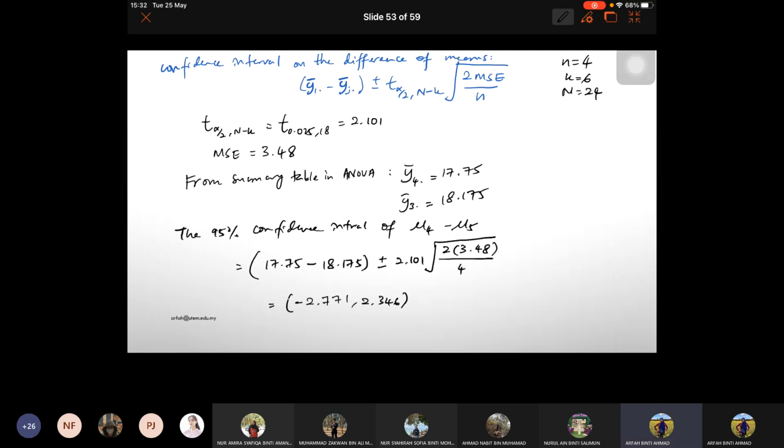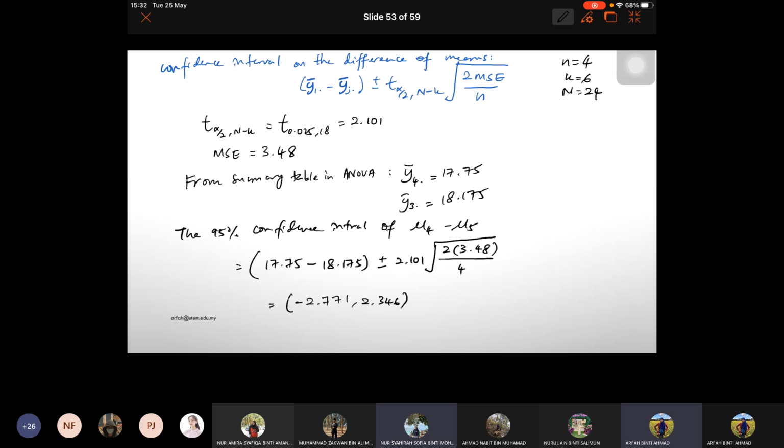Dan Zakuan? Dapat lain lah. Yang 2.771 tu dia tak tolak kan dengan yang depan. Maksudnya negatif 2.771 hanyalah nilai untuk belakang.